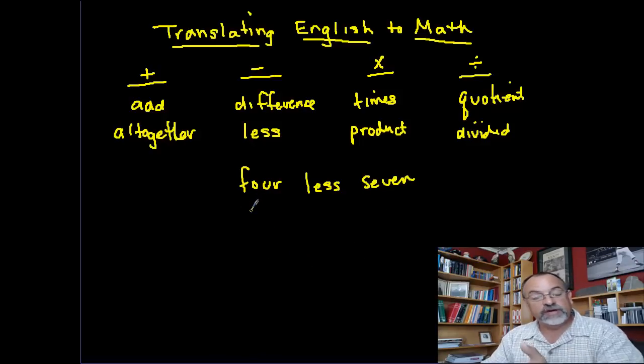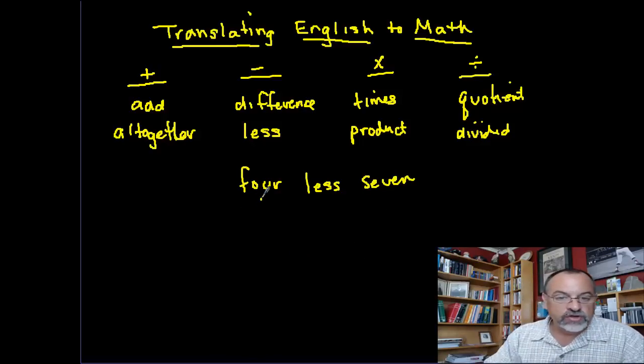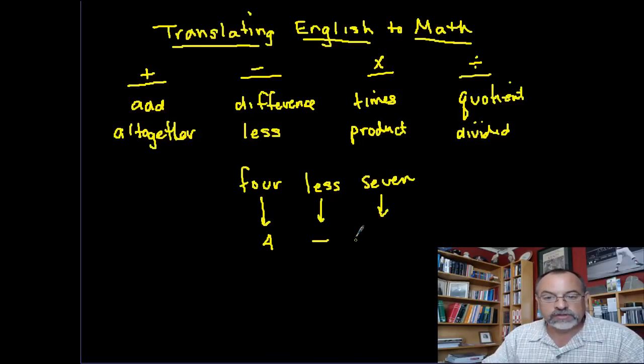So I read it from left to right, so I translate from left to right. The English word, math symbol. English word, math symbol. So "4 less 7" in English translates to 4 minus 7 in math language.